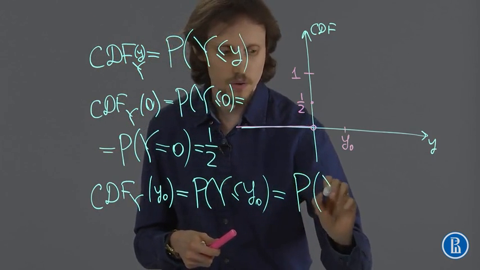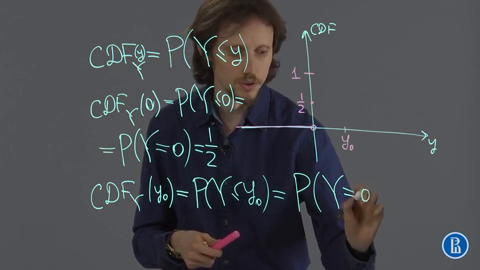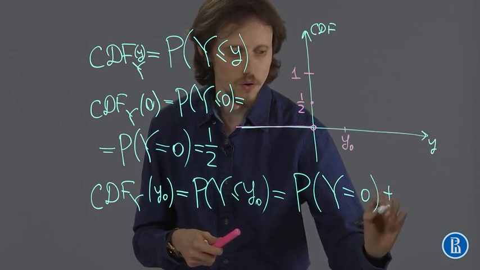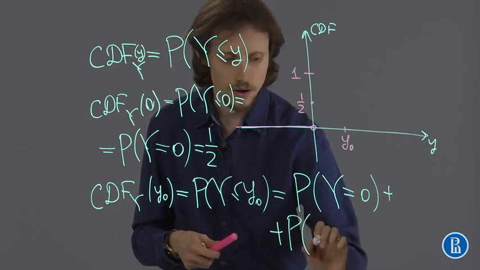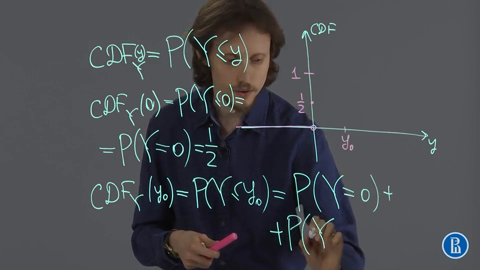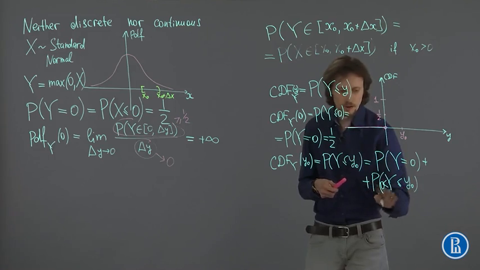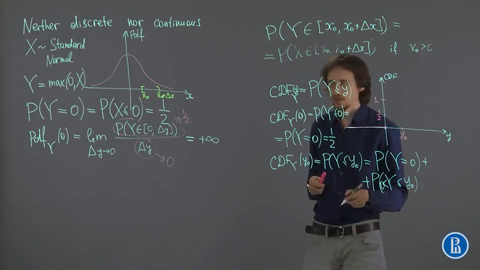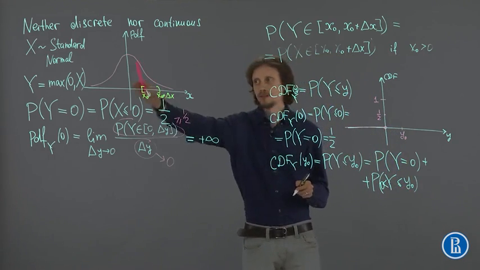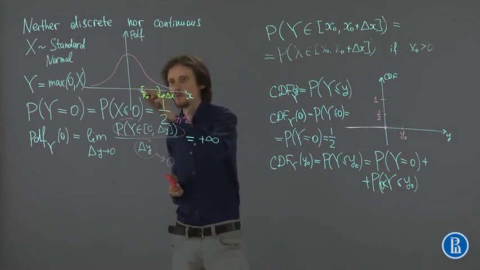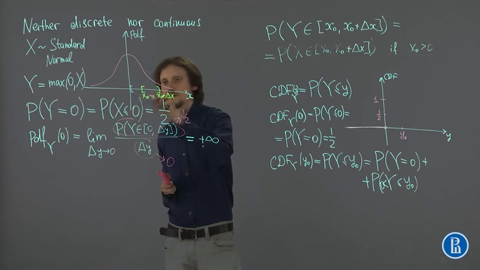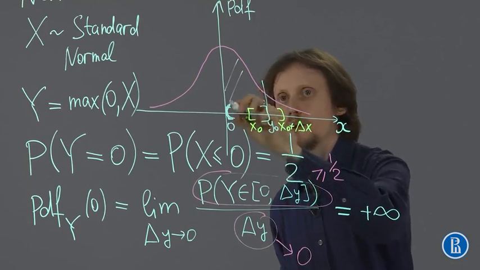Either y equals 0, or y is greater than 0 but less than or equal to y naught. And this probability is defined by the probability density function, by the integral from 0 to y naught, by this integral.